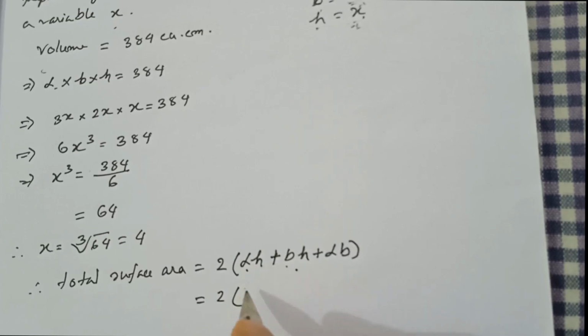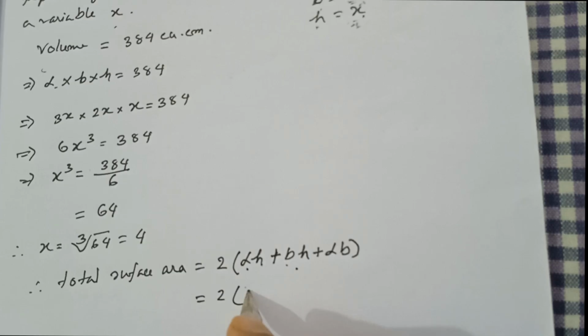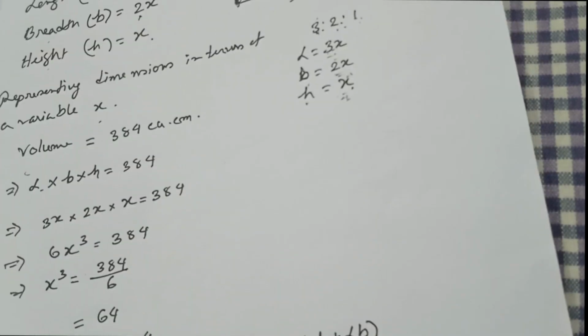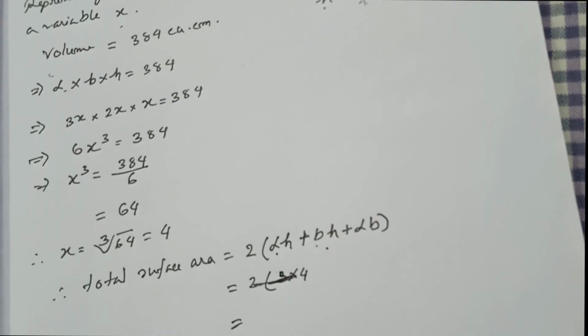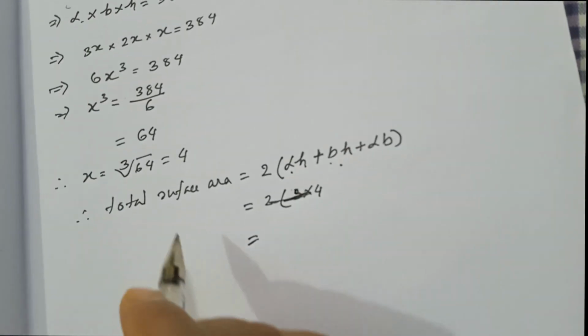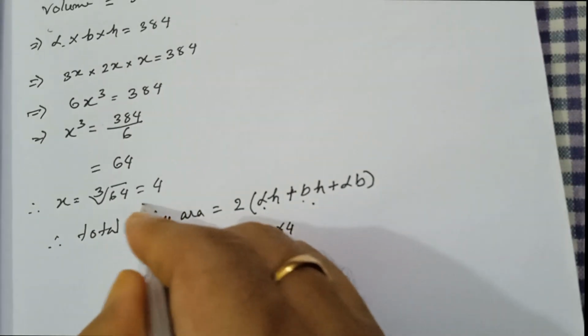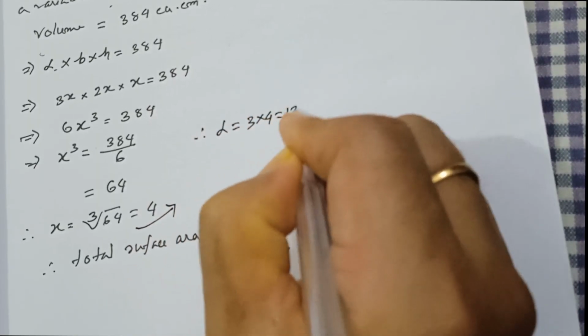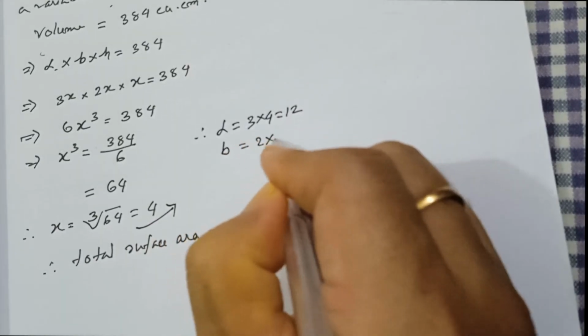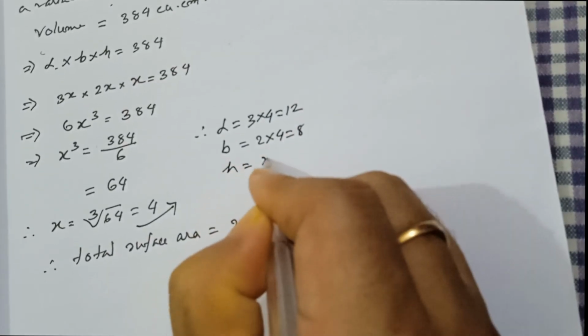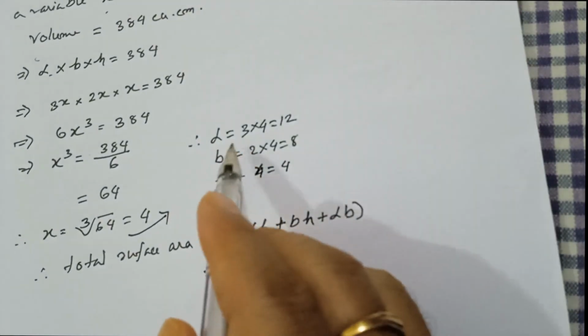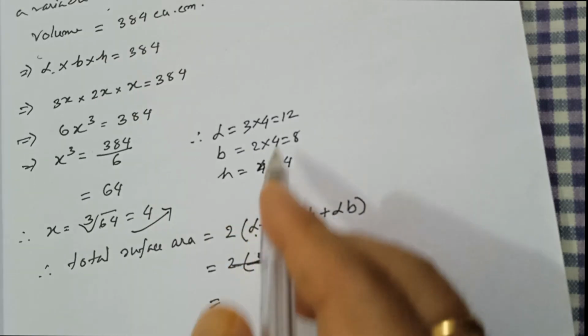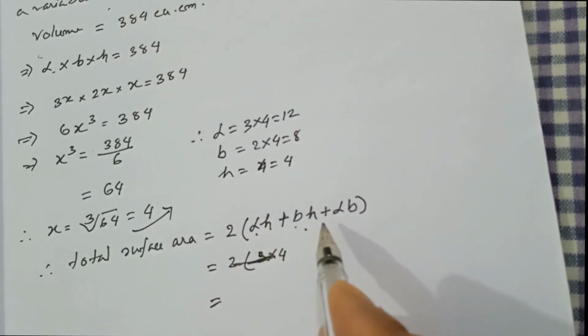So what is LH? L is 3 into 4, 12. After this we can put a step that hence length is 3 into 4, 12, breadth is 2 into 4, 8, and height is x, that is 4. Then we put them in this formula.